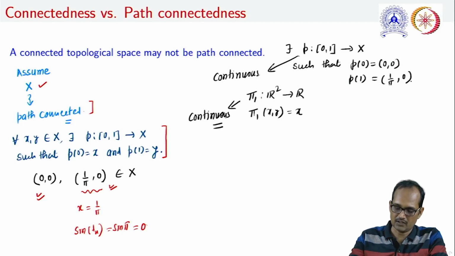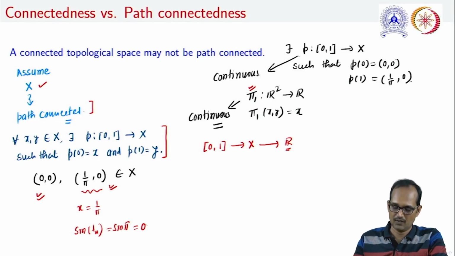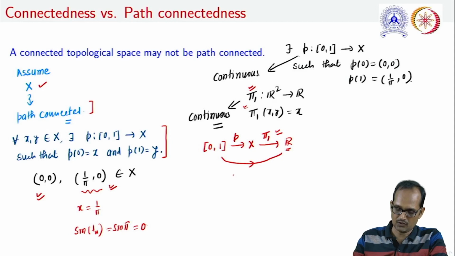Now we can talk about the composition of these two functions, from the closed interval [0, 1] to X, and from X to R. We can even talk about the restriction of the projection function, which we also denote by π1, and which is always continuous. So their composition, π1 composed with p, is also a continuous function.